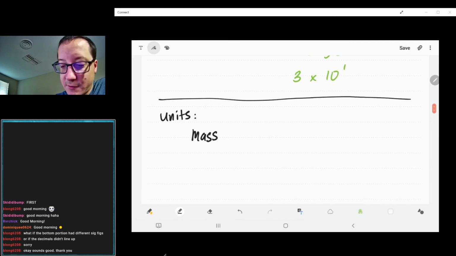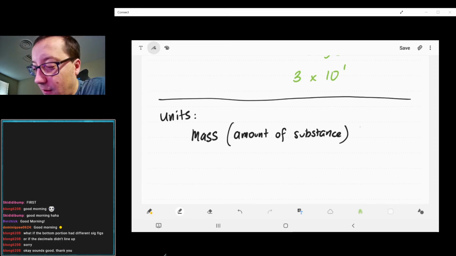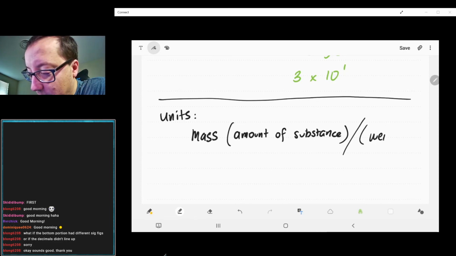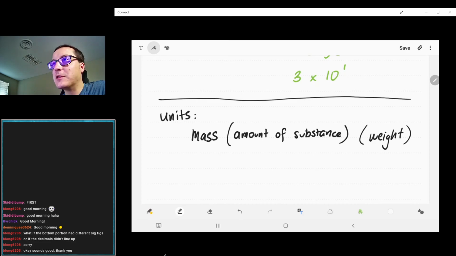Mass, of course, is related to the amount of substance. For us, because all the chemistry we're going to be doing will be on Earth, that's going to be the same thing as weight for us. I'm going to put that in parentheses. Okay, I don't want to make this seem like an equation there.